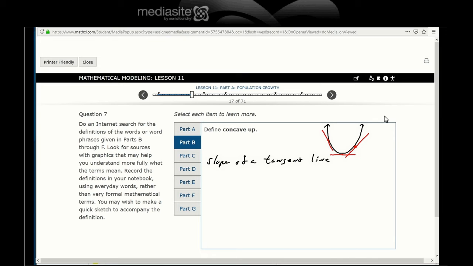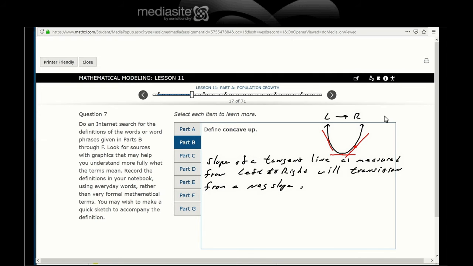So a tangent line, as measured from left to right, of course this is left to right, will transition from a negative slope to a zero slope and then to a positive slope.